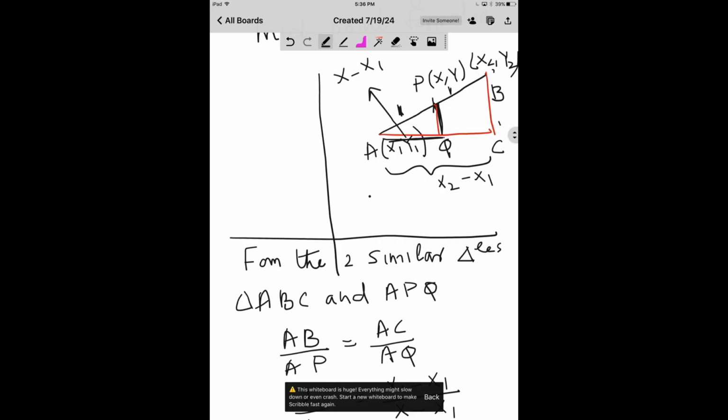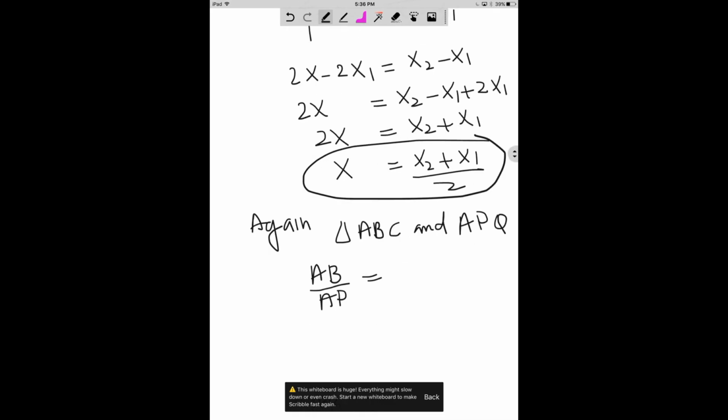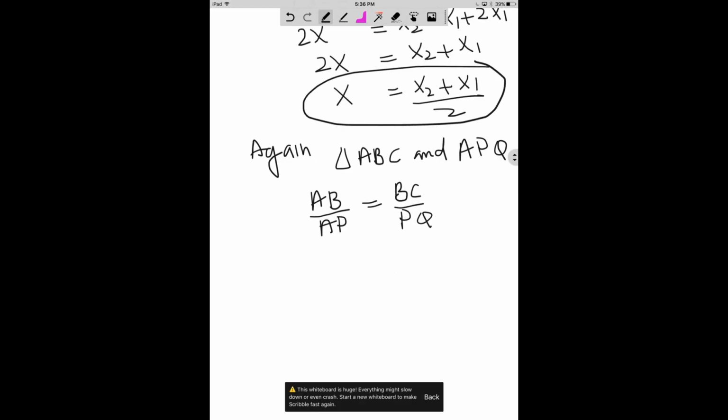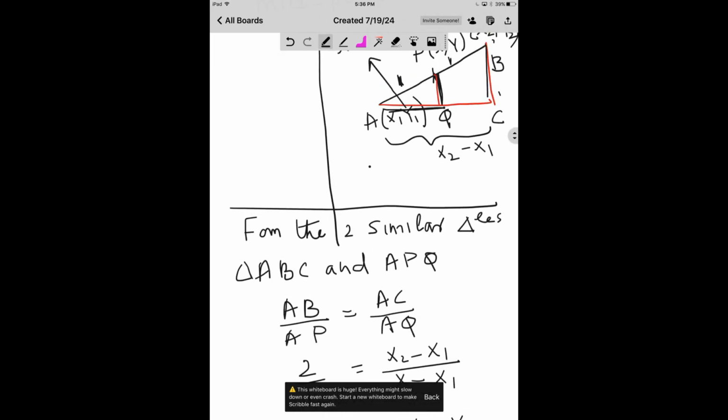Perpendicular distance BC is y2 minus y1. AB by AP is 2 by 1 equals BC divided by PQ. What is BC?